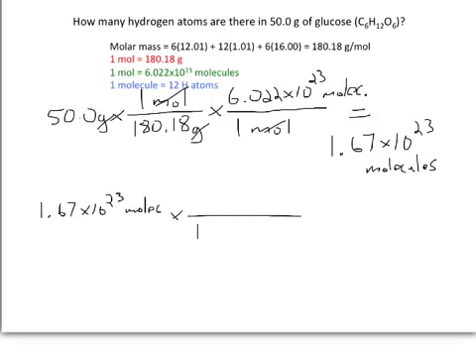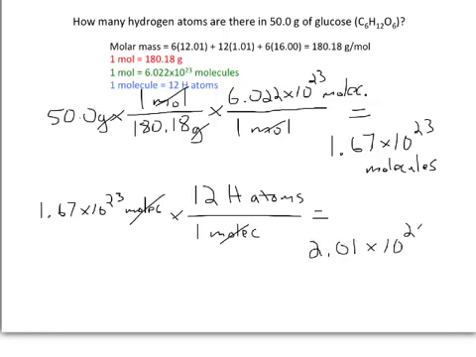And I know that 1 molecule contains 12 hydrogen atoms. The molecules cancel. I'll be left with hydrogen atoms. And the result that I get is 2.01 times 10 to the 24th hydrogen atoms.